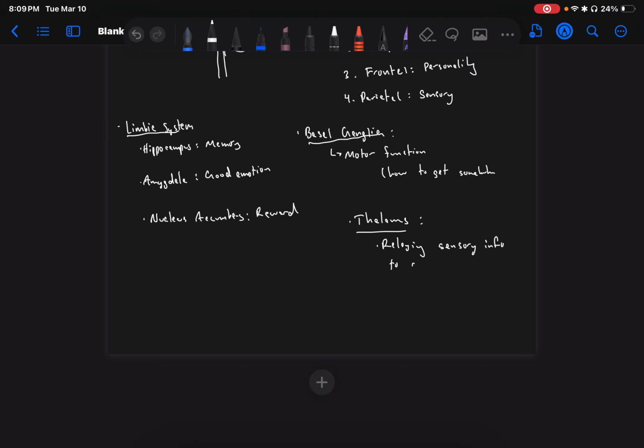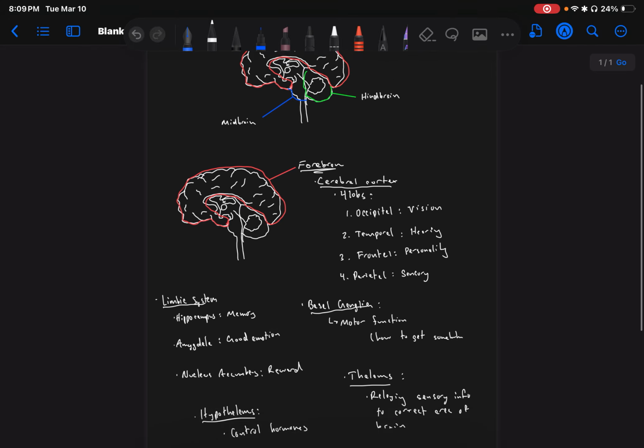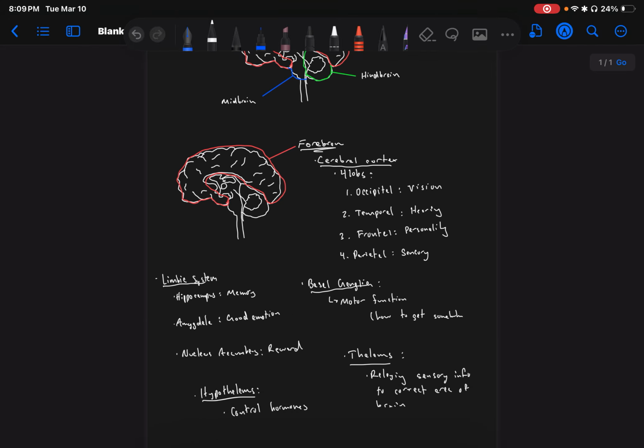So it's kind of like a post office. And then we also have the hypothalamus. This is mainly responsible for controlling hormones. So there you go. These are the main parts of the forebrain.